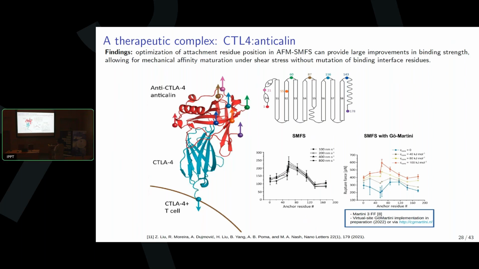This is the cartoon of the secondary structure of the protein, and you have the N and C termini also. Depending on the position where you do the pulling experimentally, you will see a change in the mechanostability of the protein complex.